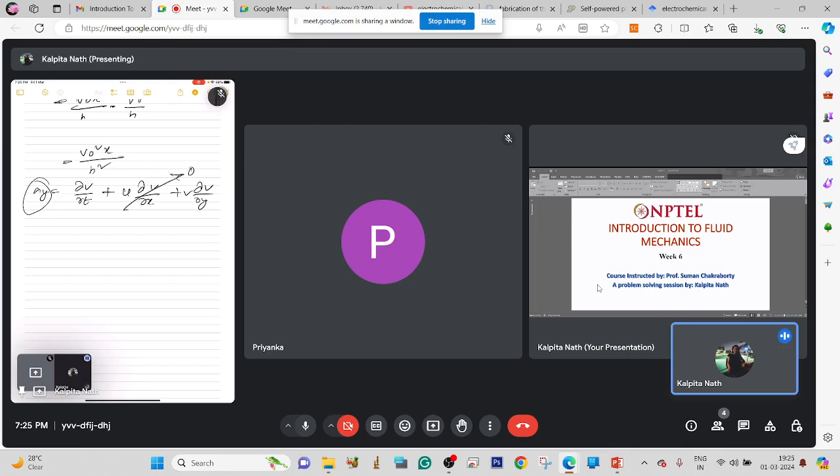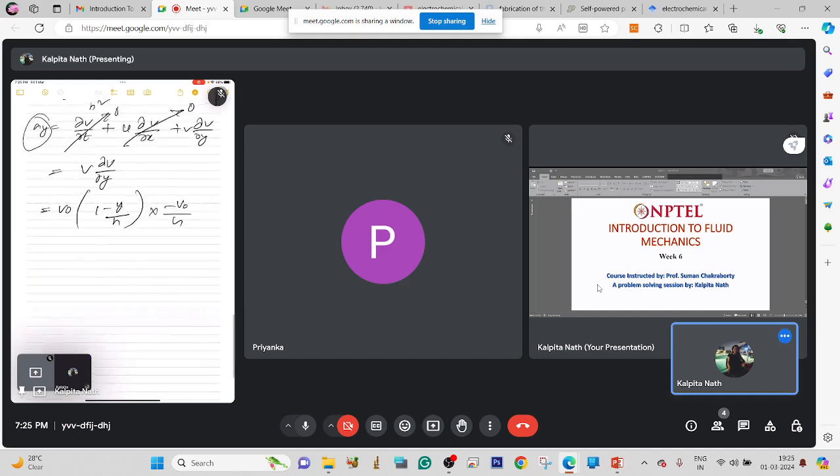The first is 0 because there is no variation of the y component of velocity along the x direction, and the temporal variation is also 0. So this is v dv dy, that is v naught times 1 minus y by h into minus v naught by h. So this will be equal to v naught square upon h times y upon h minus 1.